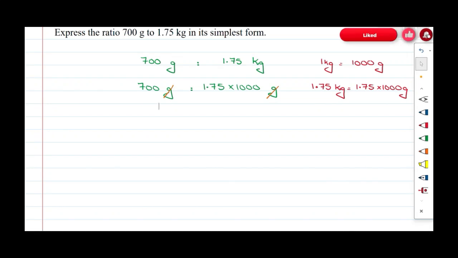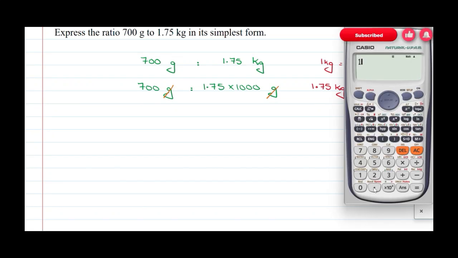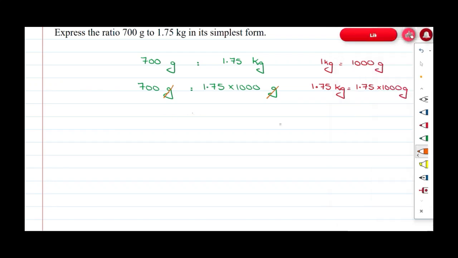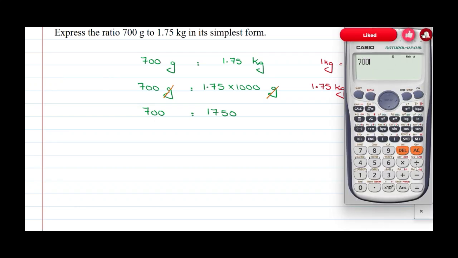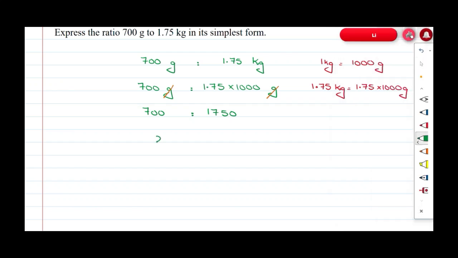Let me simplify. 1.75 into 1000 is 1750. This is 1750 and that is 700. Let me convert them into simplest form. So 700 over 1750 is 2:5. This is in the simplest form.